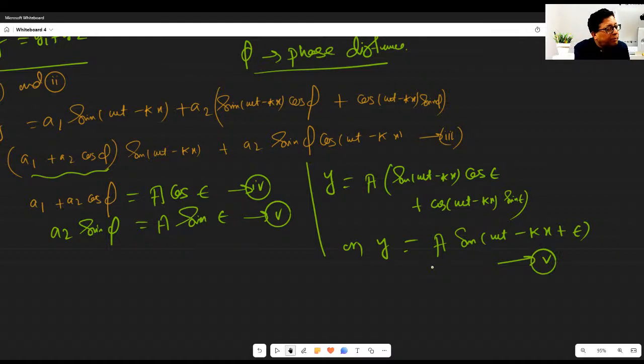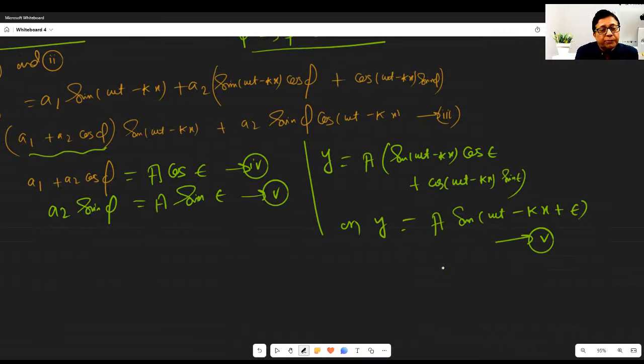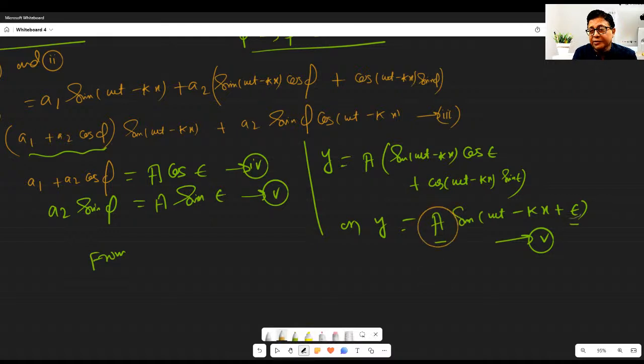In this resultant waveform, what is your observation? If we add these two terms, what do I get? We need to find the value of A, we need to find the value of epsilon. This is the mathematical way. How to represent this by vector diagram, that I will show you. And then I will show you how to represent this by actual wave formation. So from 4 and 5, what is my aim? My aim is to calculate this value of A and this epsilon.